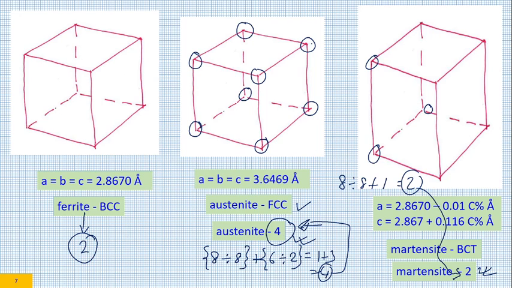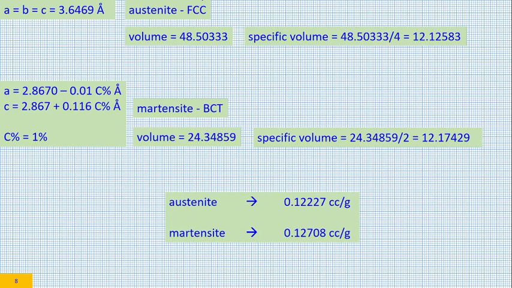But where is the mathematics? Let us see the mathematics. So this is your austenite value, FCC. So this is the volume, which is nothing but A cube, because A is equal to B is equal to C. In case of martensite, this is A value and B value, this is C value.